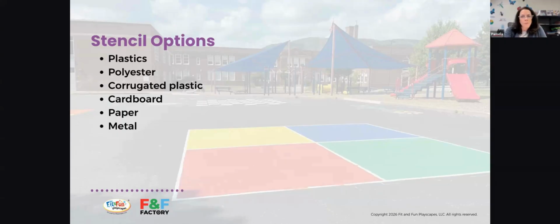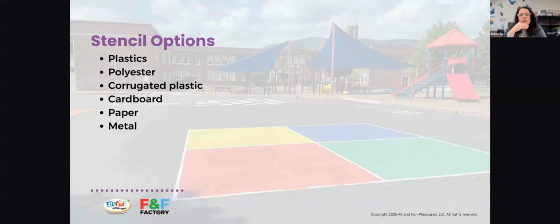There are a lot of different options out there. I want you to think about pricing, handling, reusability, sustainability, storage, where you're going to put these when you're done with them, and also a safety component. When selecting stencils, communities should prioritize materials that are durable, that limit sharp edges, that are thick enough to last but thin enough to handle, and maintain their structure.